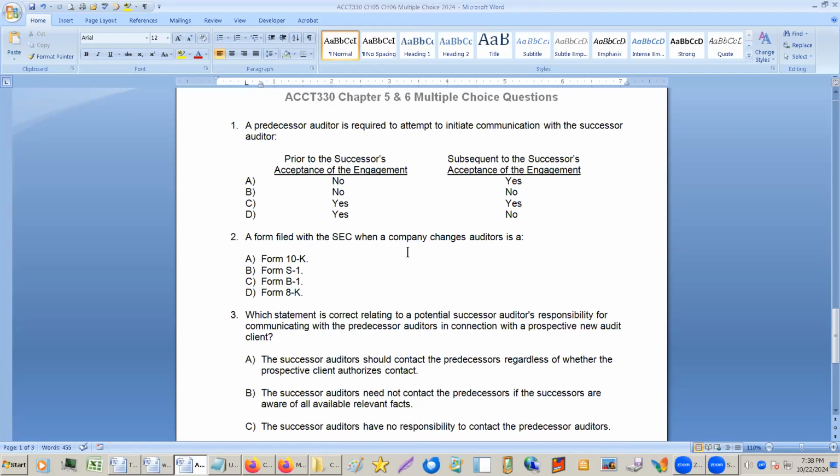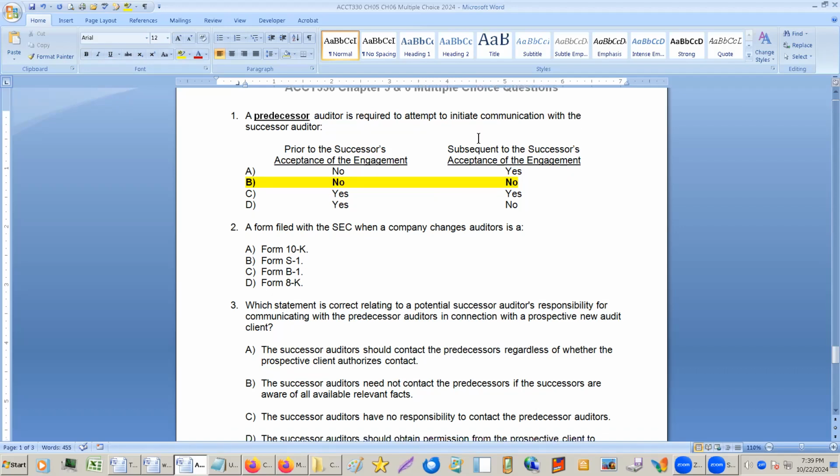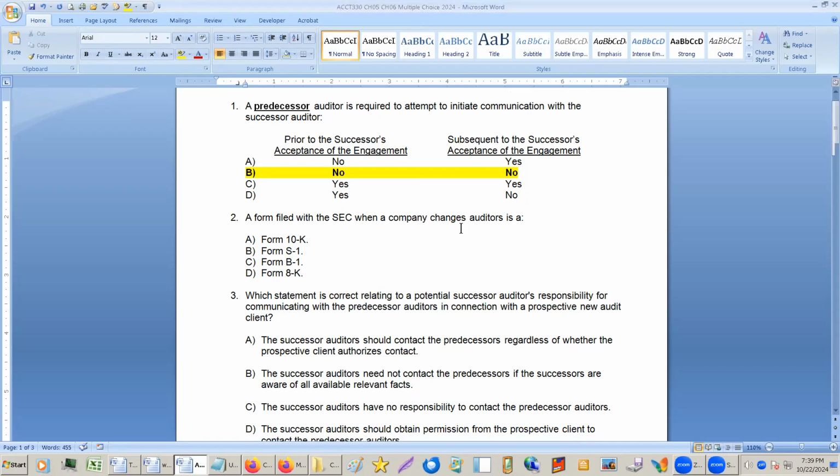The first one's a trick question. The predecessor auditor never has to contact the successor. The successor has to contact the predecessor. Here's an actual CPA question. Okay, number 2.